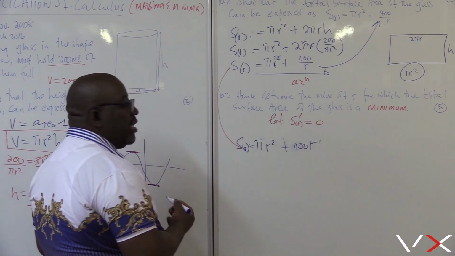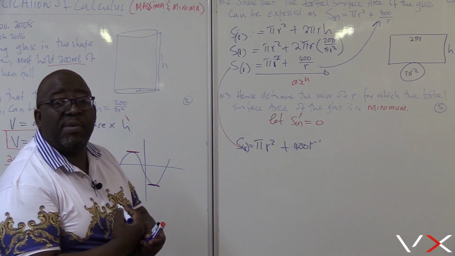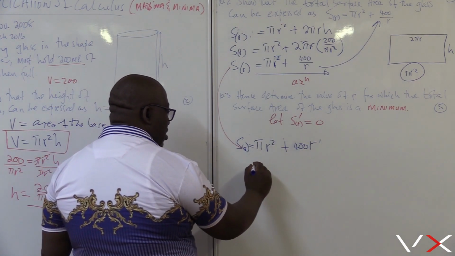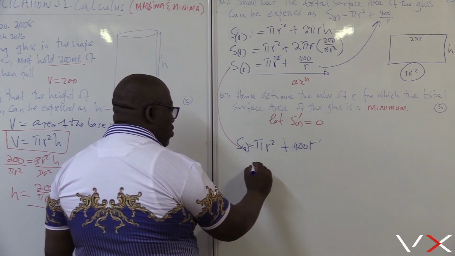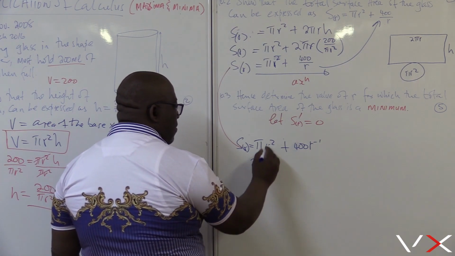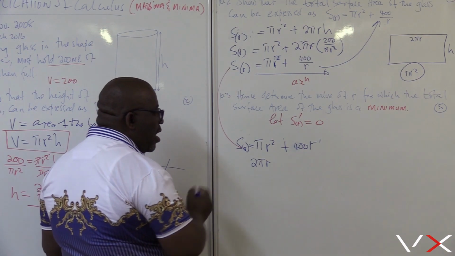Now let's differentiate it and let our derivative be equal to 0. When you differentiate this one, the derivative will be 2 pi r, and the constant is gone.